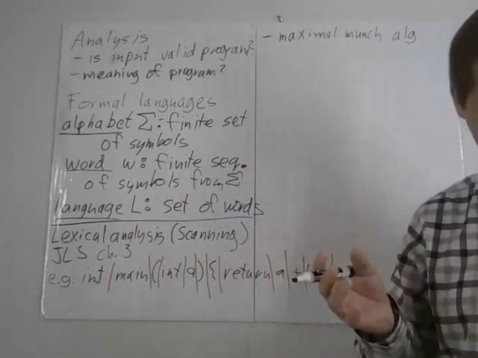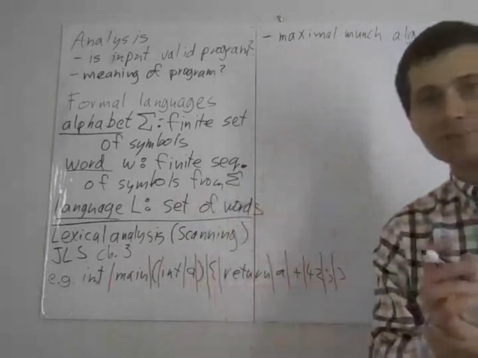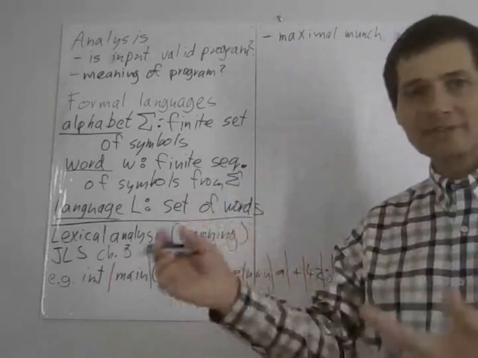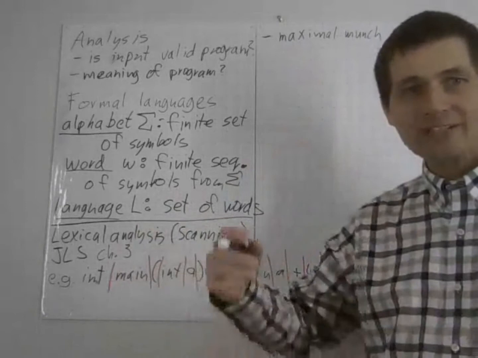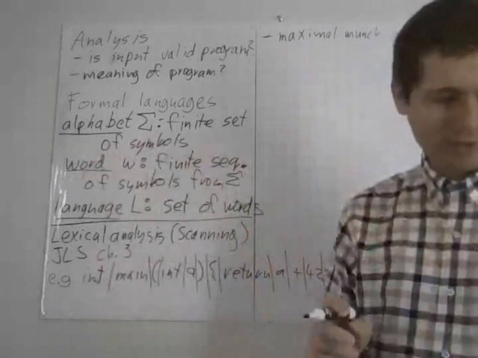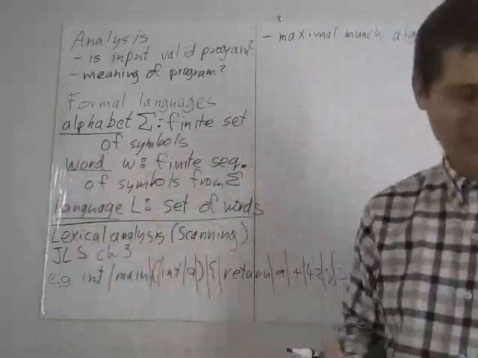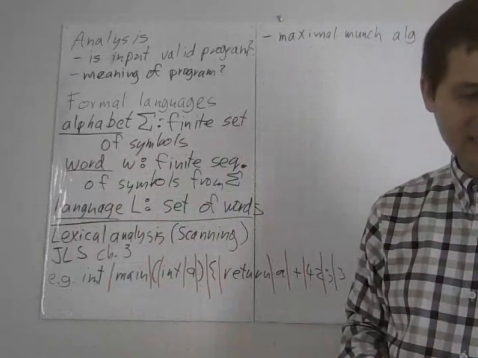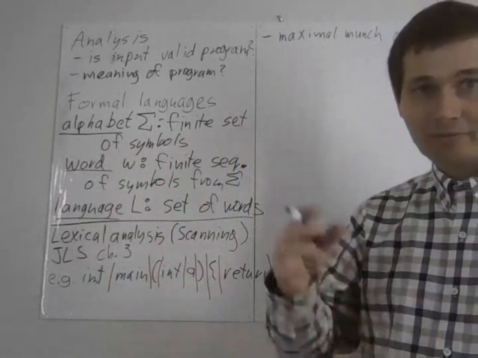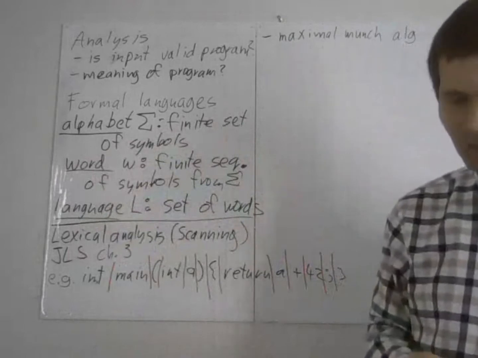So if you remember the maximal munch algorithm from CS444, great. If not, we're going to review it quickly because we've looked at it in CS444. But for many of you, that might have been a long time ago.